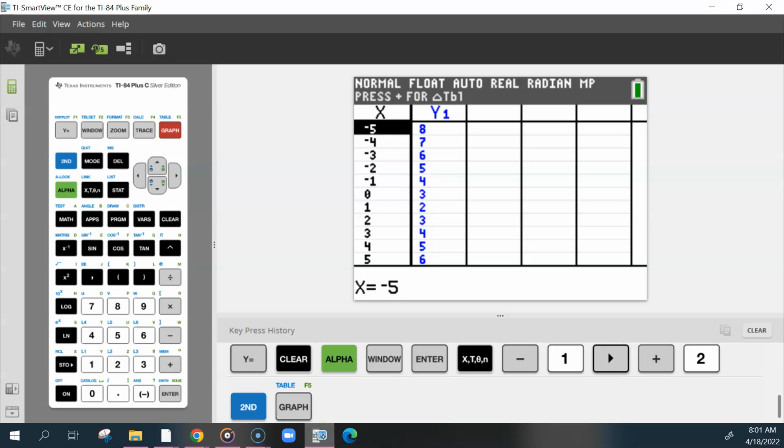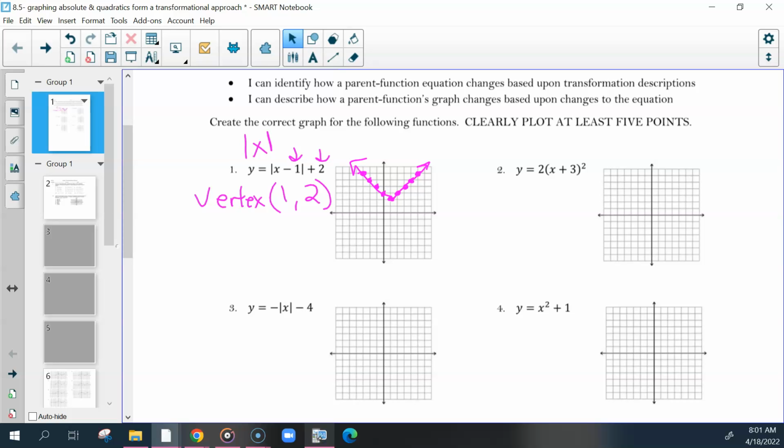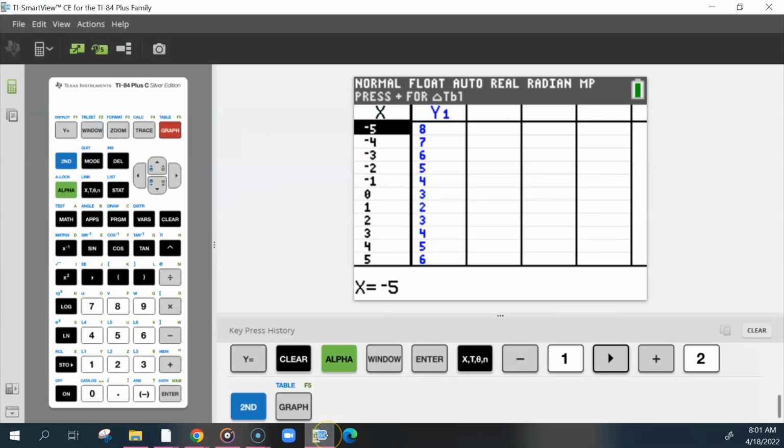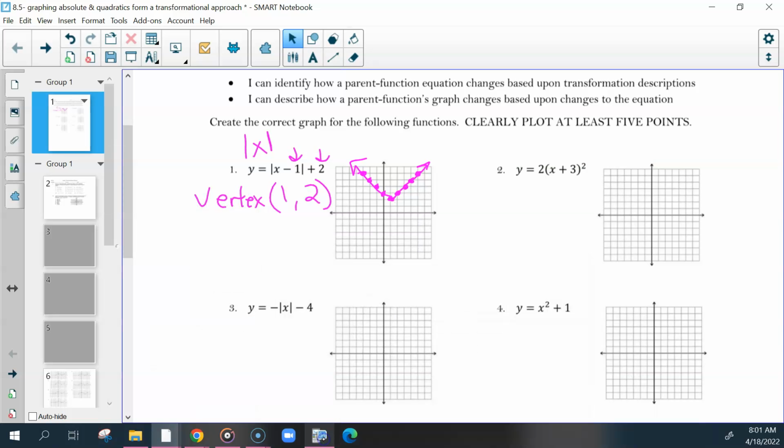Match the points, and then 1, 2, and then it goes back. So you could match it using your calculator. Honestly, after you find the vertex, I won't know whether you used the calculator or did it by hand. The goal is to try not to rely on the calculator, but you will still have it if you need it.